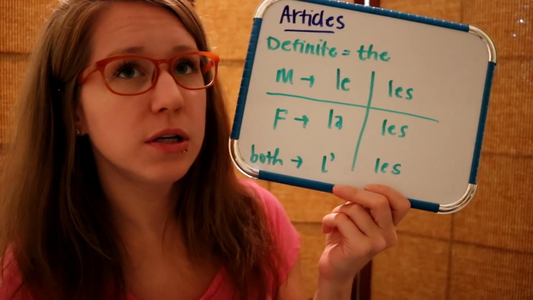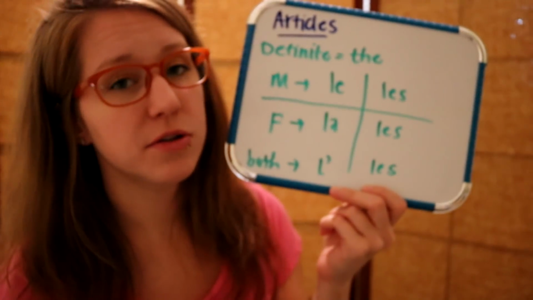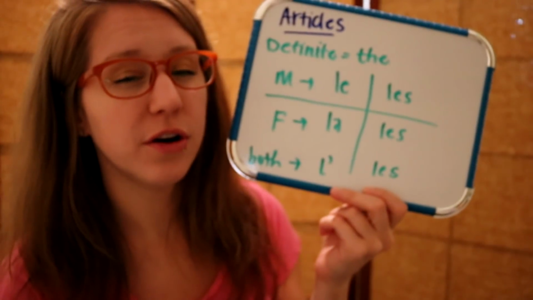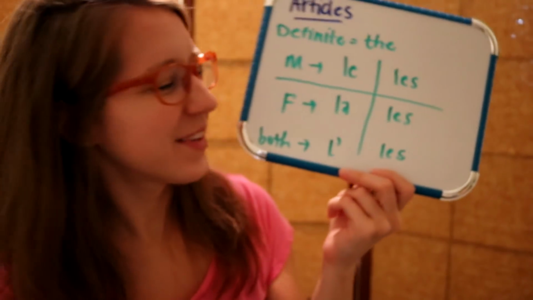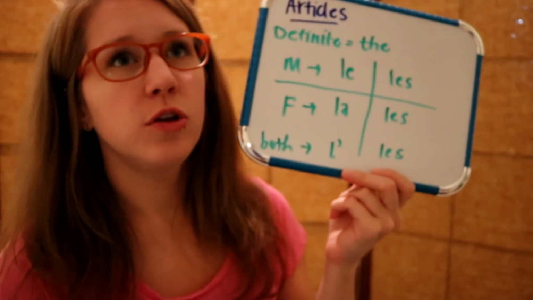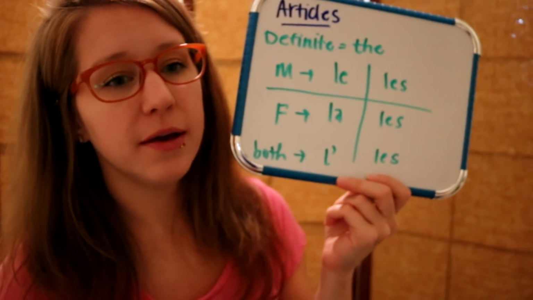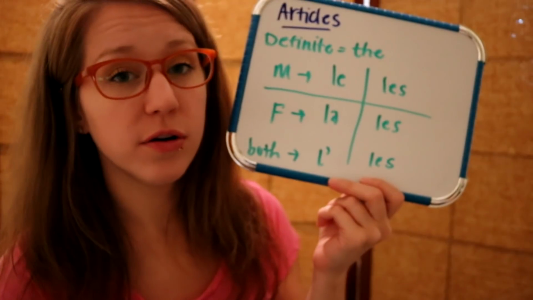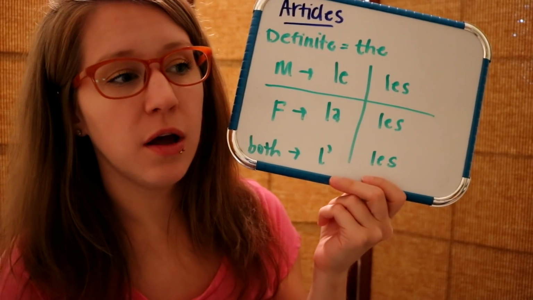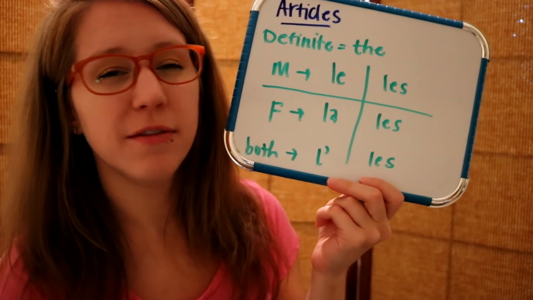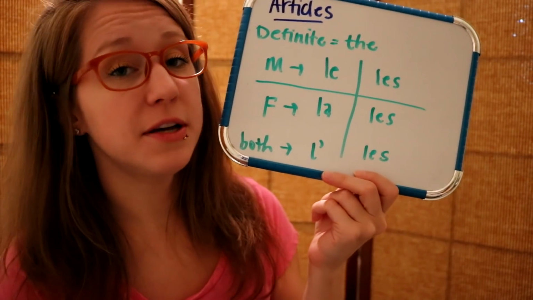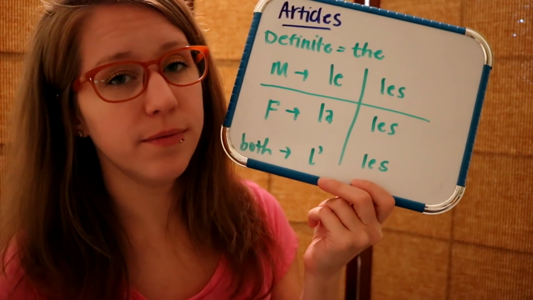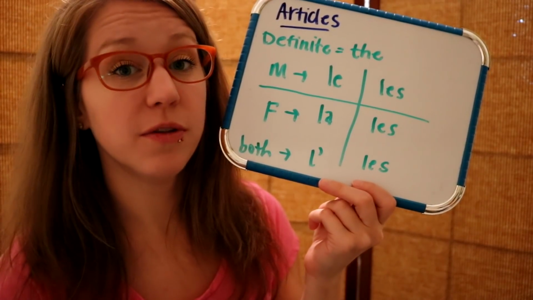And you would use other knowledge or context clues to know what the gender of the word that follows it is. So you might also be describing the color or size of the item, which might give away if it's masculine or feminine, but you may not be able to tell based on the article alone if it starts with a vowel.